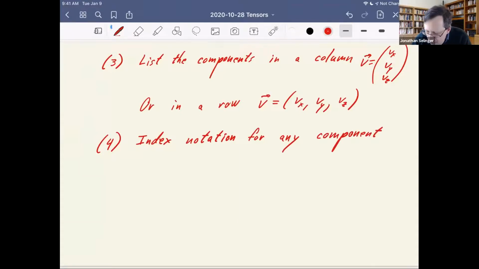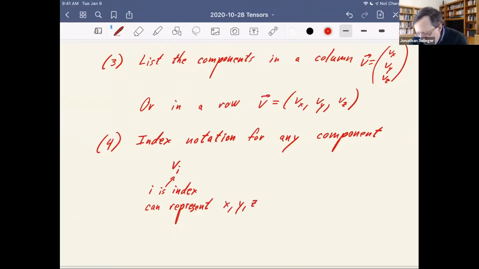That is, we could write V sub i, where i is an index that can represent X, Y, or Z. Or sometimes people would put that numerically and say i is 1, 2, or 3. It means the same thing.